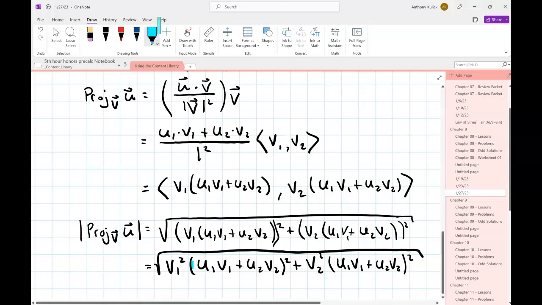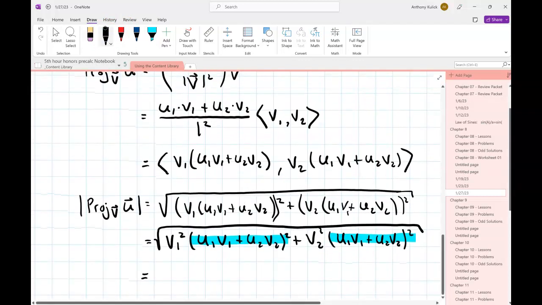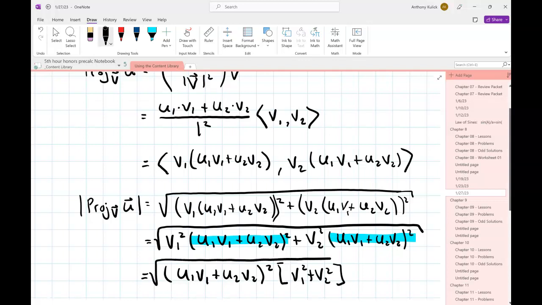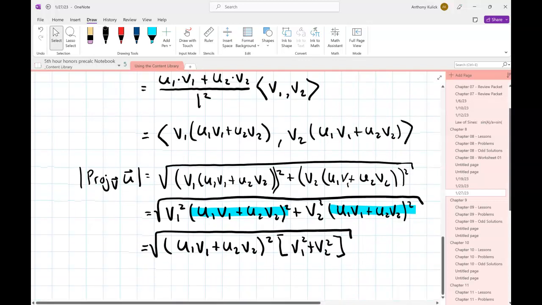And then I notice, hey, look at this. That's a common factor to everything underneath the radical. So I can factor that piece out. Everybody's okay with that?